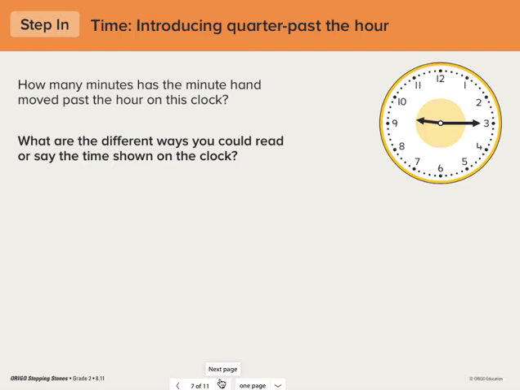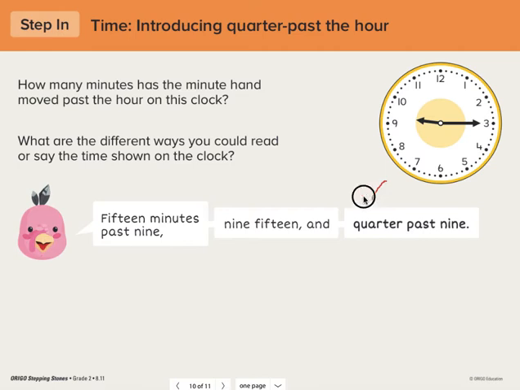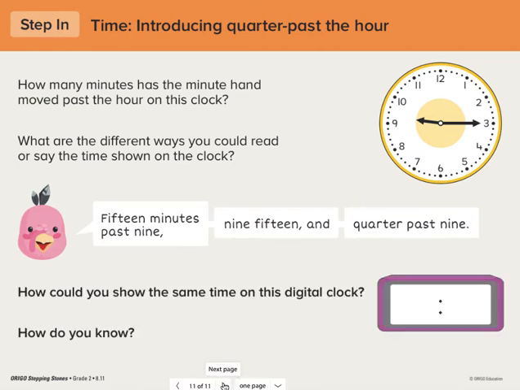Or what's that special word? We could say quarter past. Quarter past 9. 15 minutes past 9. We said that. 9:15. We said that. And quarter past 9. We said that too.